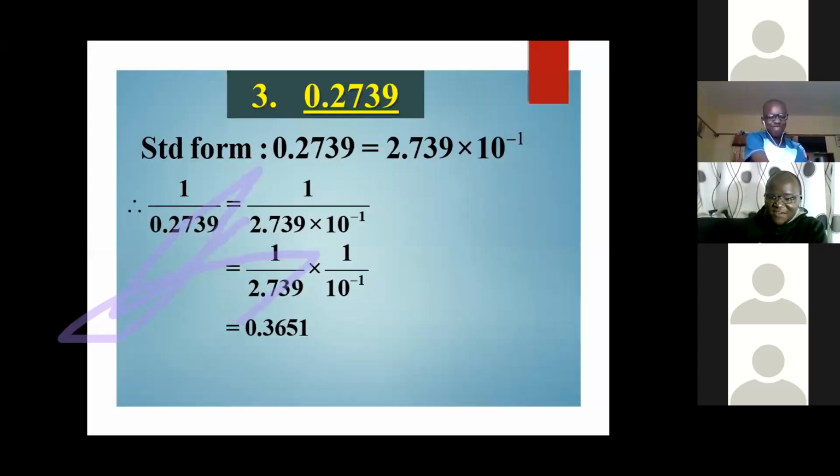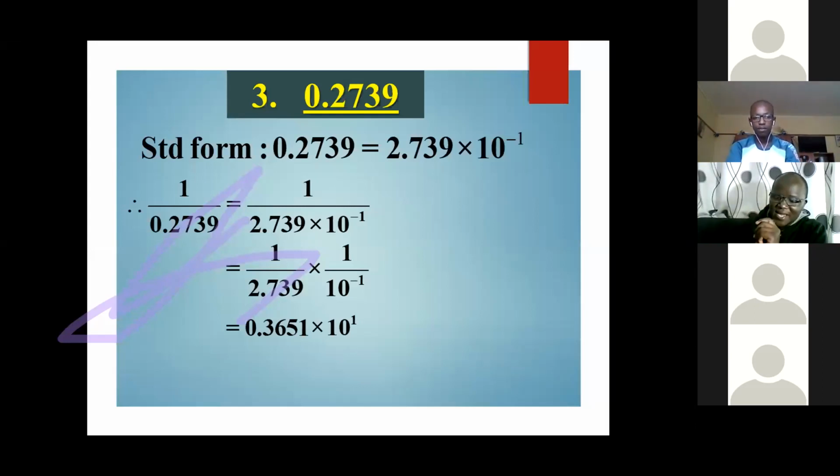Can you remember this? Yes. Laws of indices are also applying here. That then means that 1 over 10 raised to power negative 1 will be 10 raised to power 1, which is just 10.